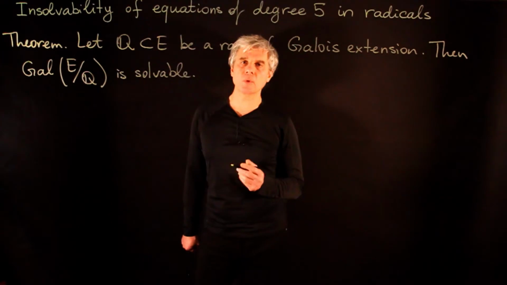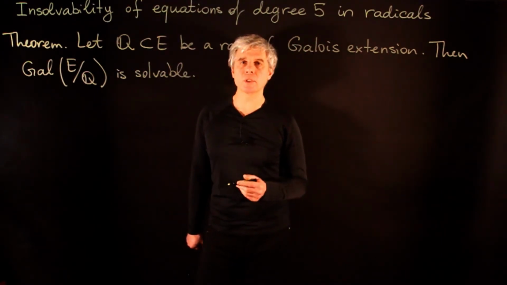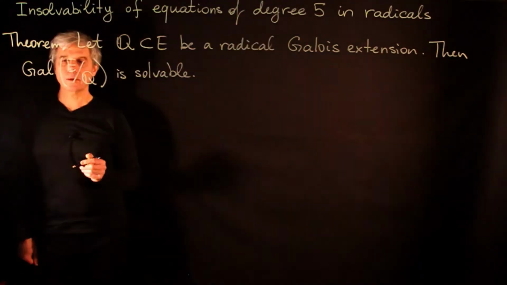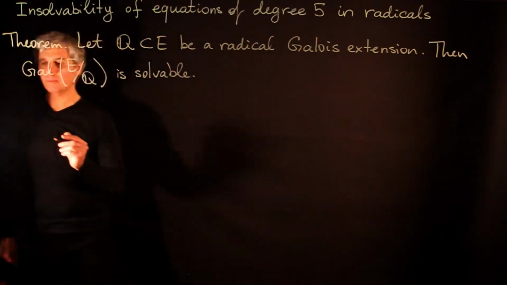And then we're going to construct an explicit irreducible polynomial of degree 5 whose splitting field has a non-solvable Galois group. First, let us recall the construction of a radical extension.